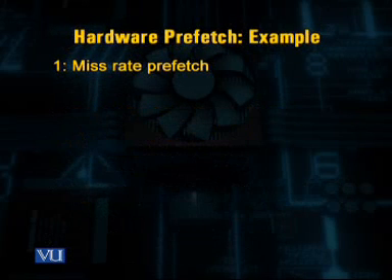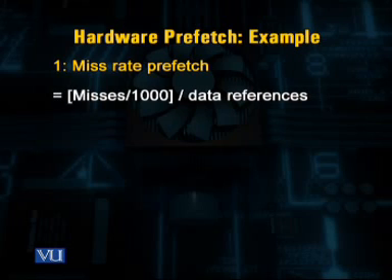Considering the extra clock cycle for the prefetch buffer, the miss rate for prefetch is equal to the misses per 1000 divided by the data references.